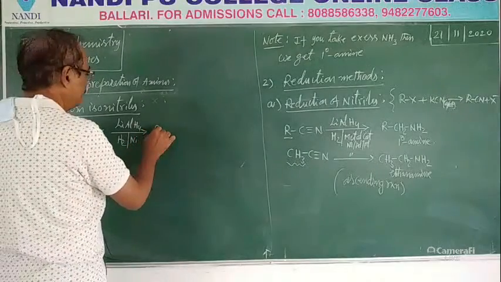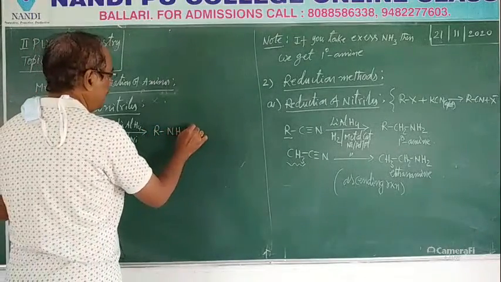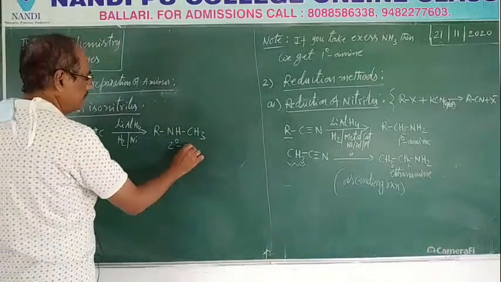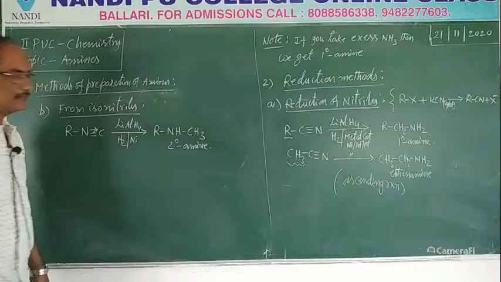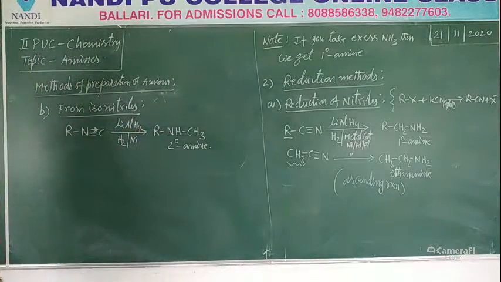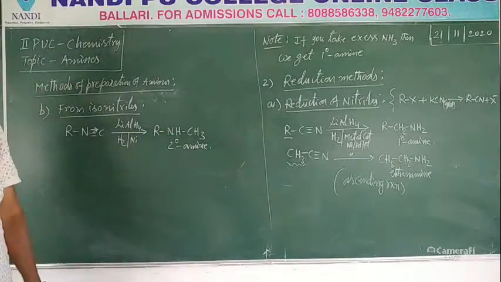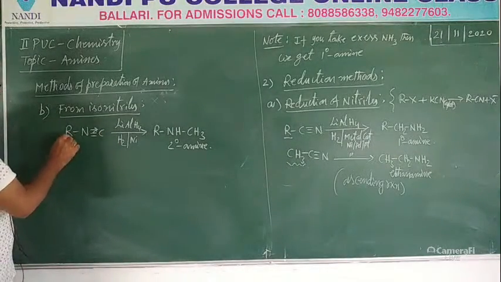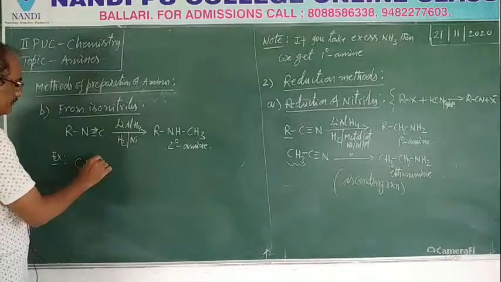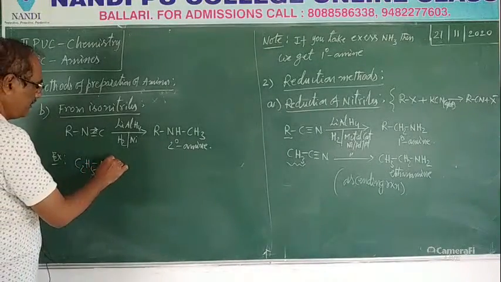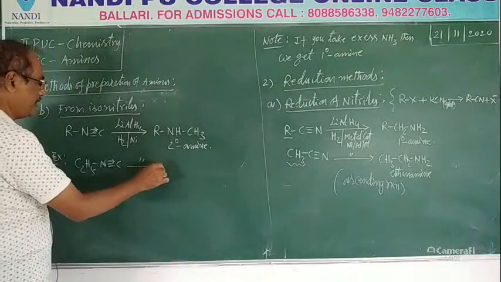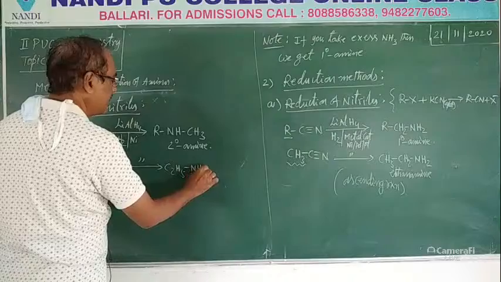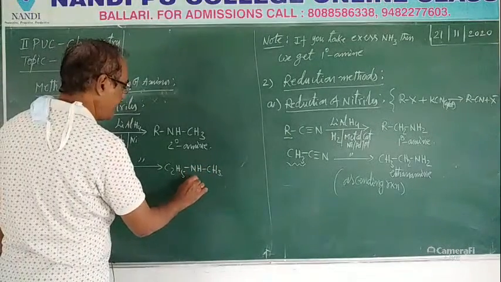Then we will get R-NHCH3. So here you get a secondary amine. Nitriles give primary amines, isonitriles give secondary amines. For example, I take C2H5-N triple bond C, then the same reagent on reduction gives C2H5NHCH3. This is a secondary amine.